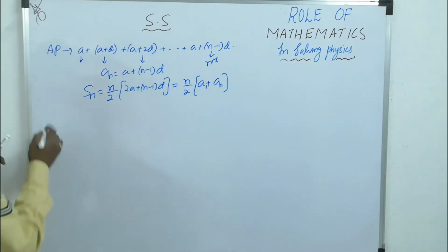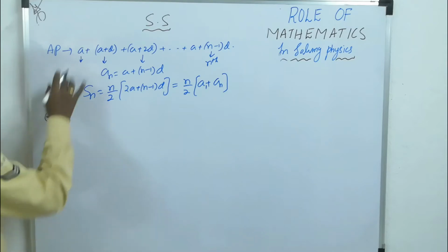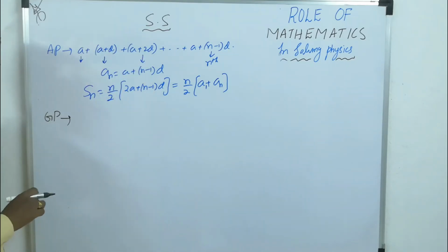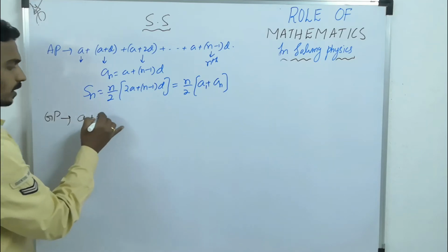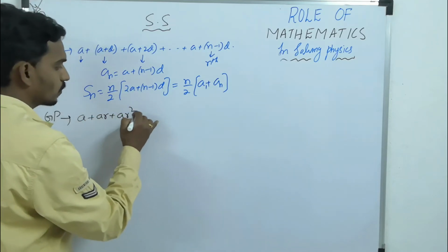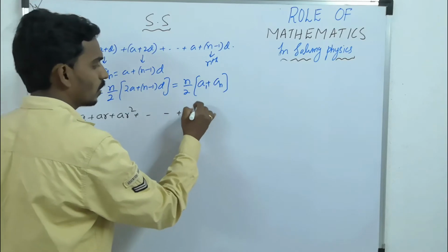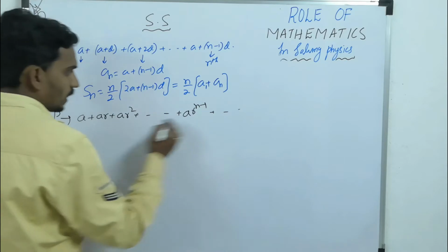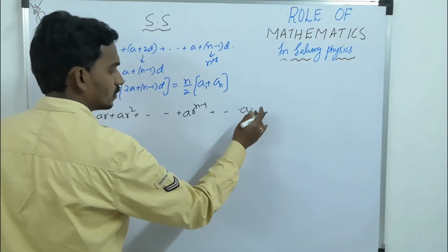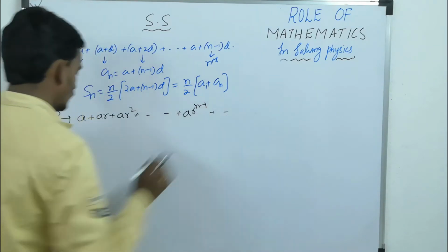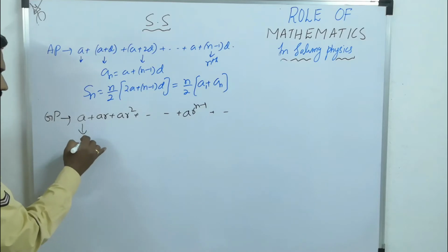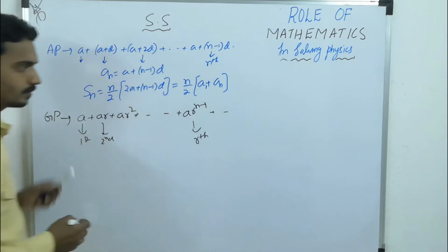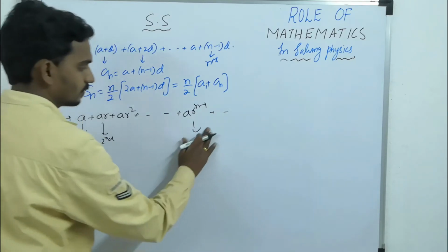Similarly, you can take GP. In geometric progression, it is like a plus ar plus ar square, and so on, up to a into r power n minus 1. This is the first term, this is the second term, and so on, and this is the nth term.